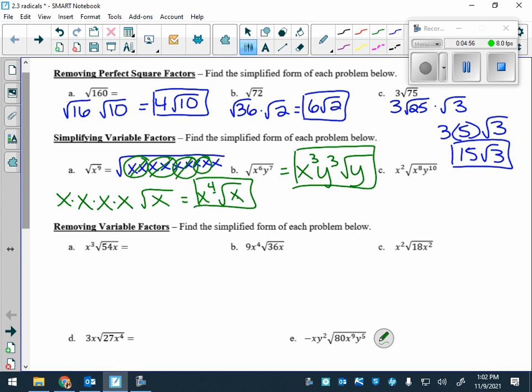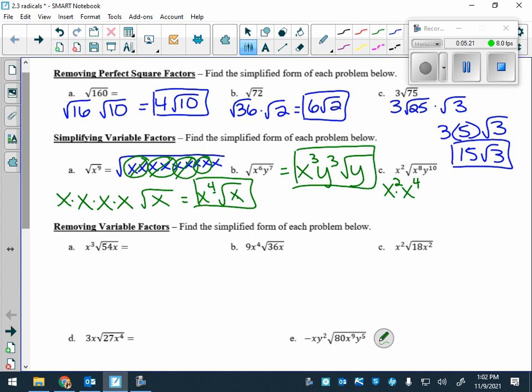Okay. All right. Now for C. x squared is already on the outside. Now we have the square root of x to the 8th. What do we have on the outside again? 4. So we have times x to the 4th.